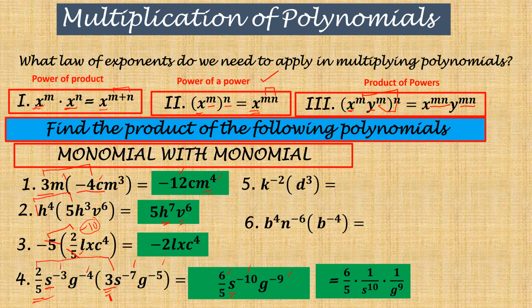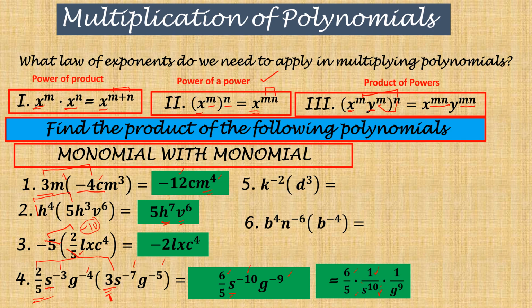A step after this will give you, you just copy the 6 over 5 and the s to the negative 10. Remember that if it contains a negative exponent, we have to express it this way. We have a 1 as our numerator, then the s as the base, which is copied, then the power negative becomes positive, and it's already in the denominator.